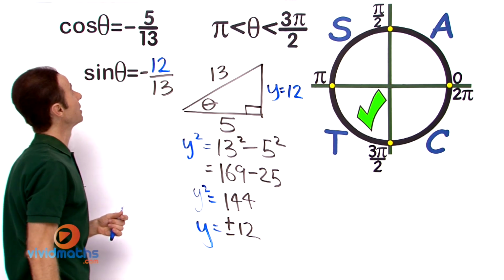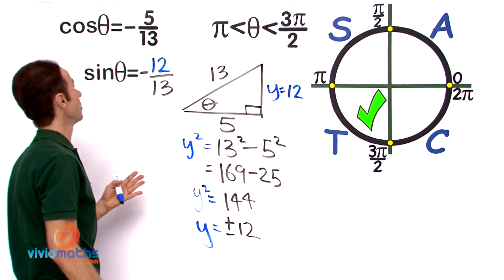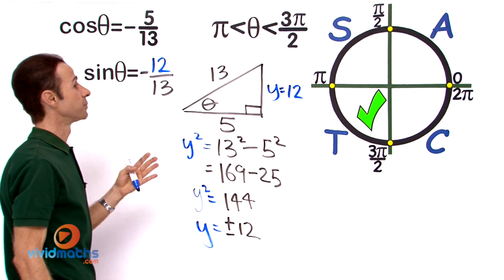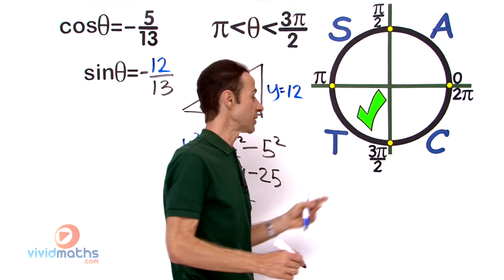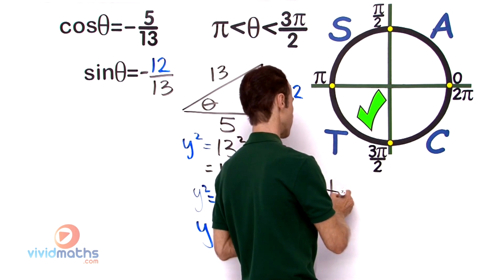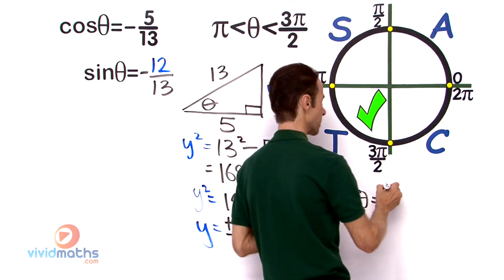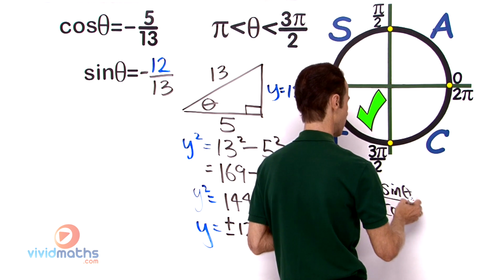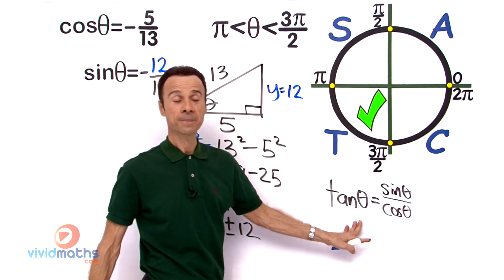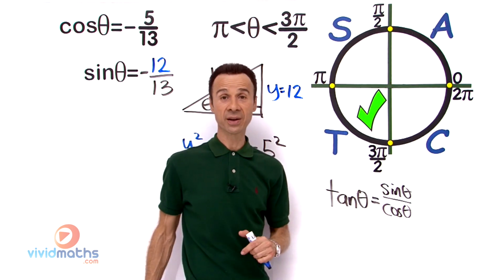Now, how else can we double check this? Is there another way to confirm? Well, yes, there is. We know that tan theta is positive, don't we? And tan theta is sine theta over cosine theta. Isn't that true? Tan theta equals sine on cos. Now is sine positive or negative?